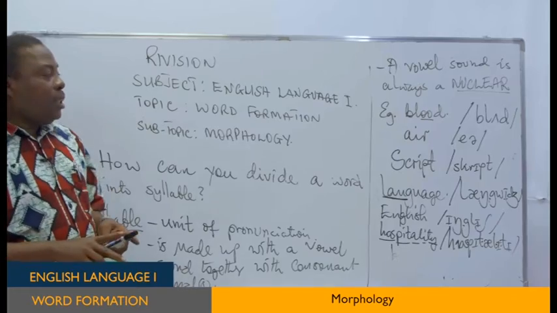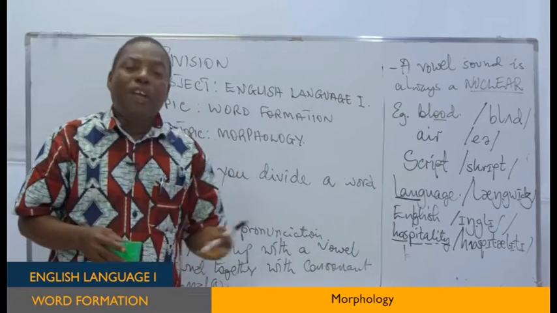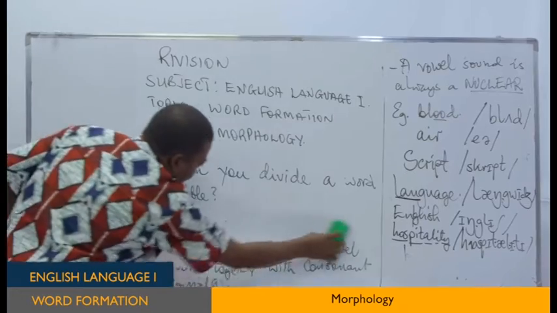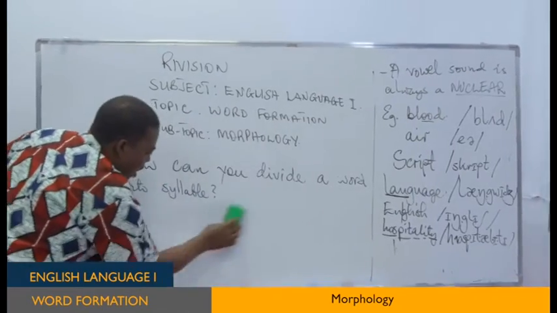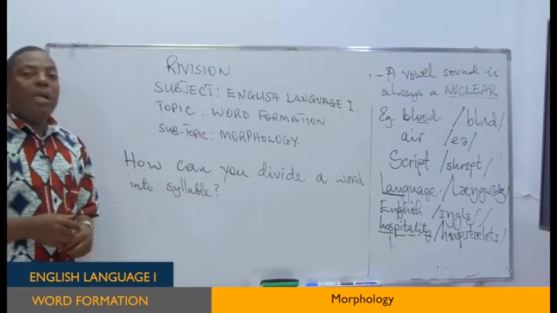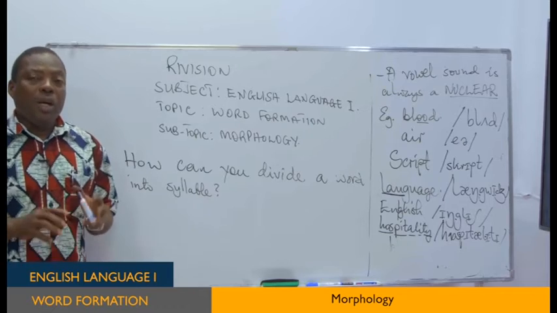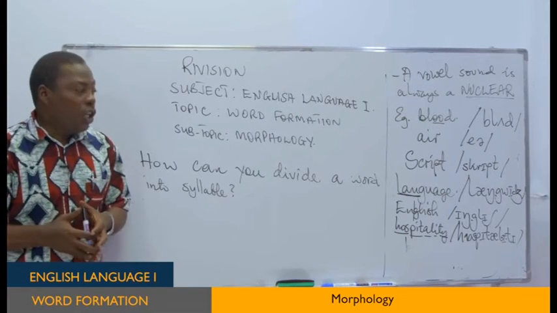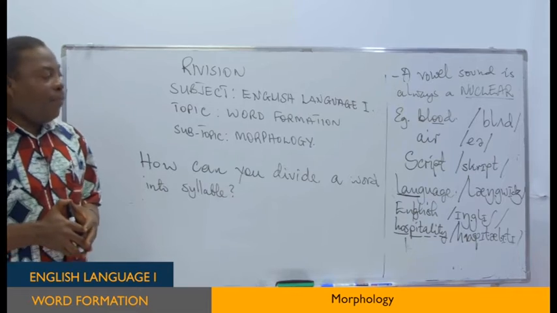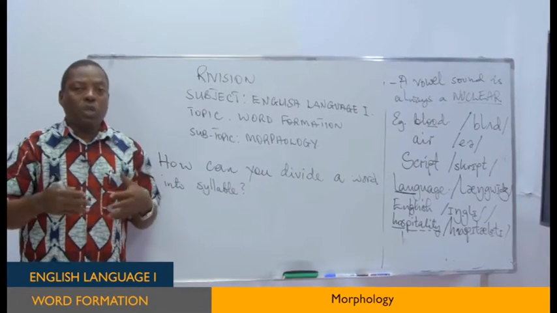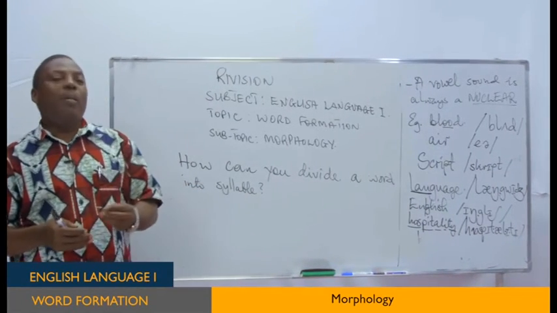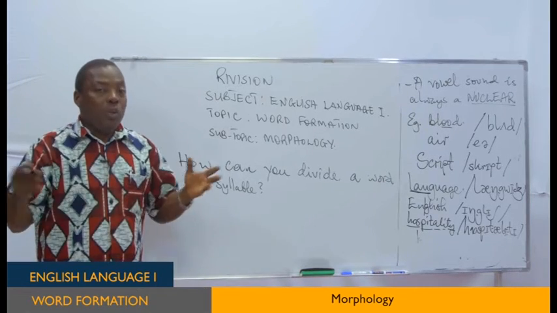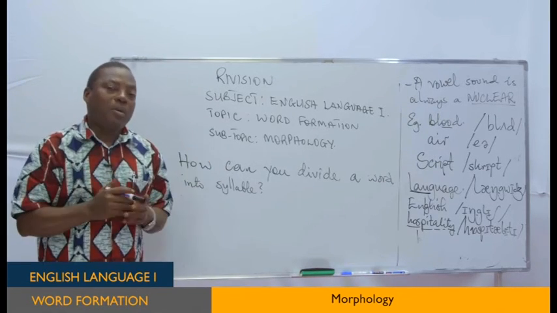It is somewhat difficult for people to identify a syllable in some English words, especially those who have a Kiswahili background. You know, in Kiswahili, identifying a syllable is very easy because a syllable normally ends with a vowel, which we always call an open syllable.